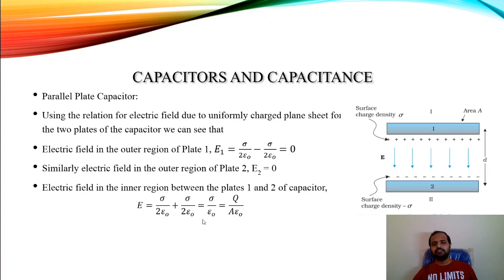When we add, we get sigma by epsilon naught, which equals Q by A epsilon naught.